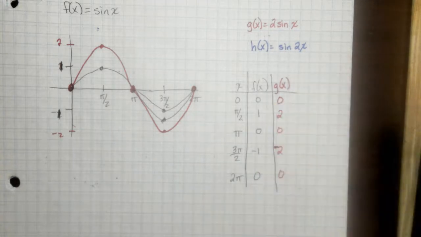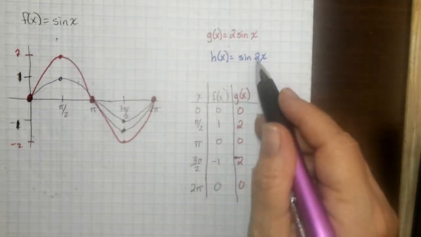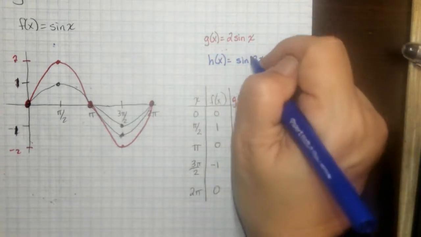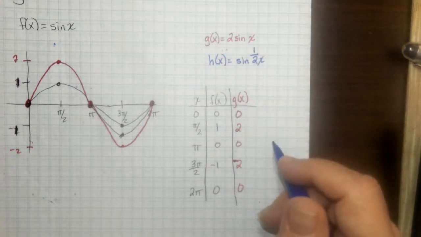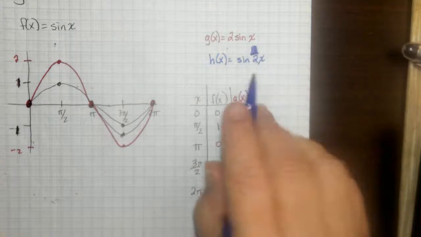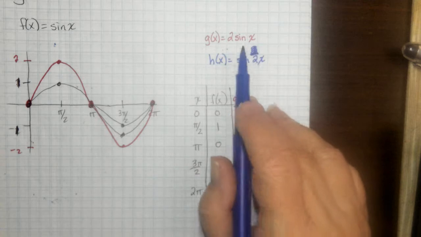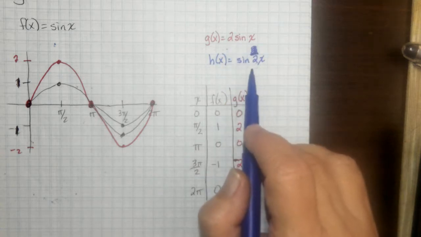But now let's look at what happens from what we just figured out. If I have a 2 right here, actually let me change that, let's say 1/2. No, never mind, I want it to be a 2. Because we said that on our absolute value function, a vertical stretch is like a horizontal compression.